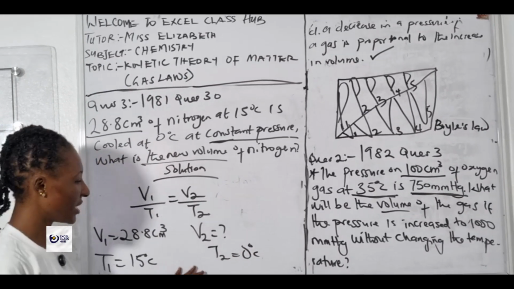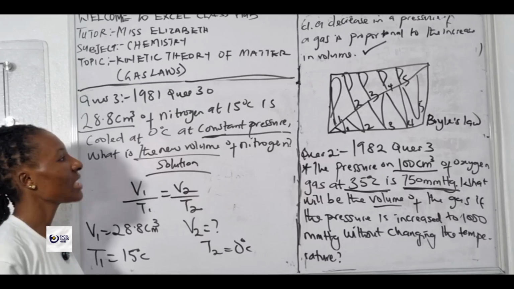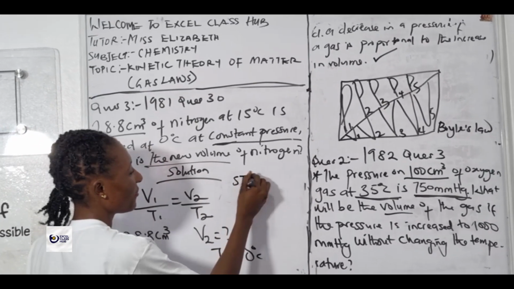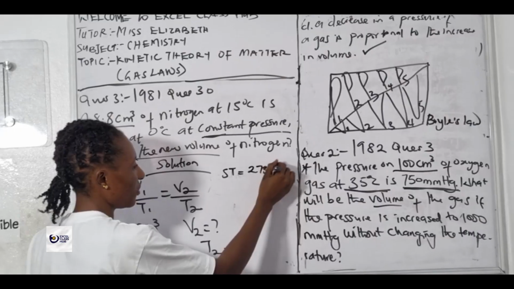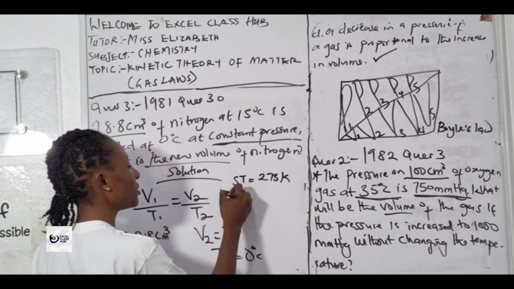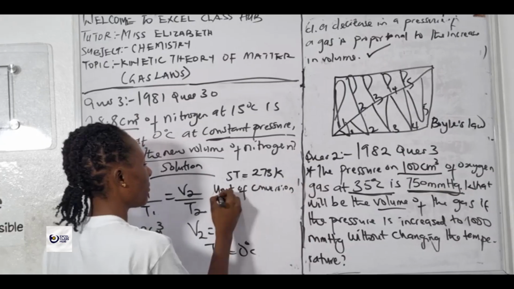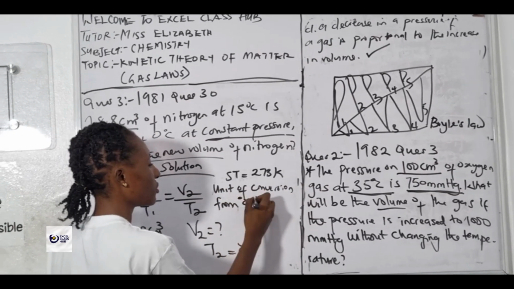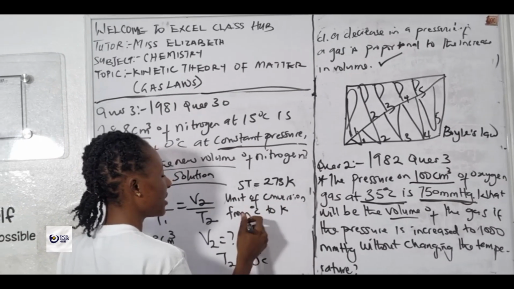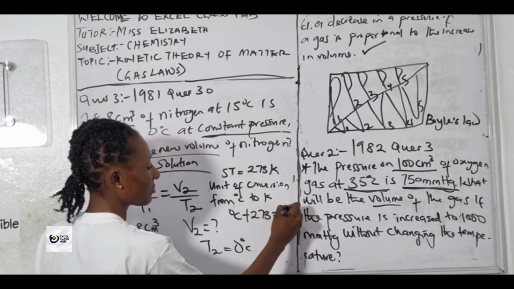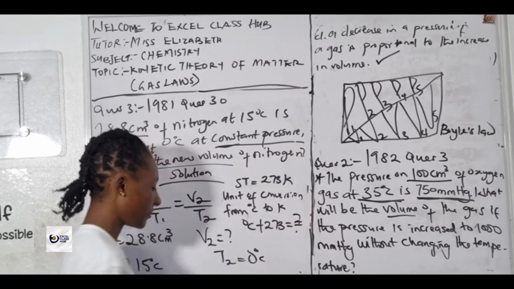One thing you should note again, while calculating gas laws, our temperature has to be in Kelvin, and the standard temperature that I stated before is 273 Kelvin. The conversion from degrees Celsius to Kelvin is simply degrees Celsius plus 273.